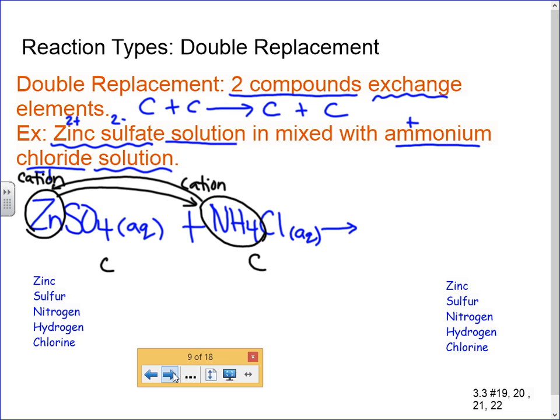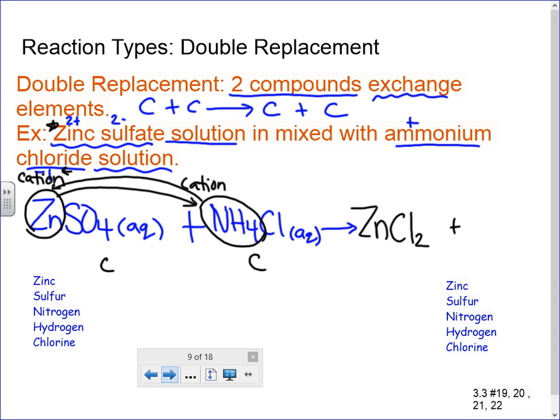At the end then, I have zinc chloride, and I have to think about charges. Remember, zinc is +2, chloride ions -1. So when I swap and drop, I will end up with ZnCl2. My other compound is ammonium with sulfate now.